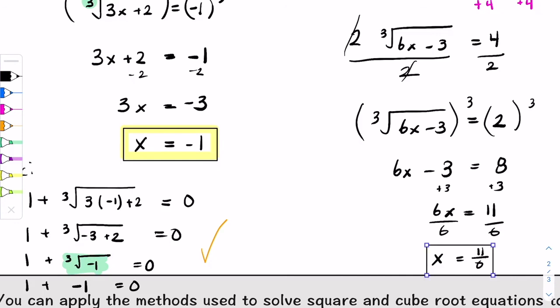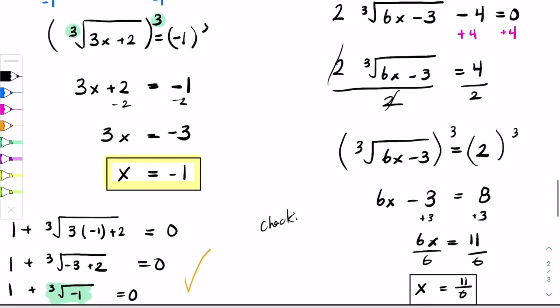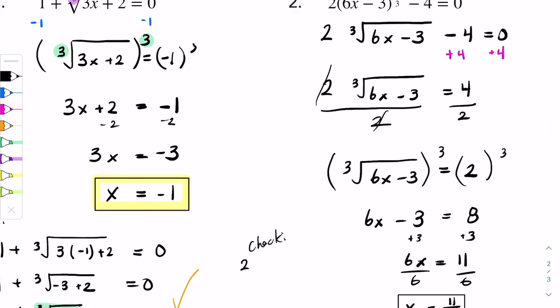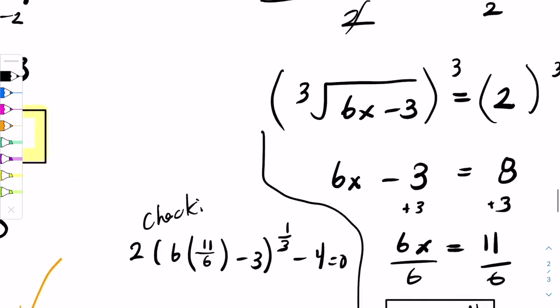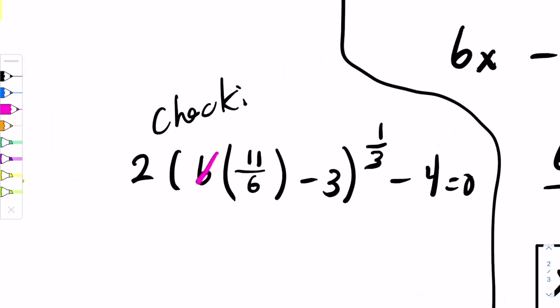So you do have to check this answer, even though it is a fraction. You should still check it. So to check this, we end up with 2 multiplied by (6 times 11 over 6 minus 3) raised to the power of 1/3, minus 4 equals 0. Now, if we look at this fraction, 6 and 6 are going to cancel. Technically, that's 6 over 1 times 11 over 6.